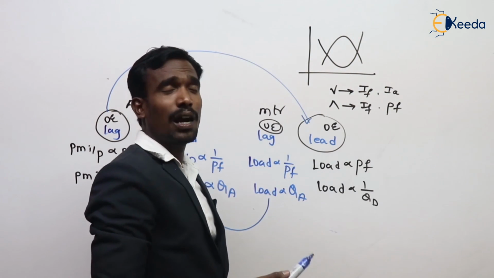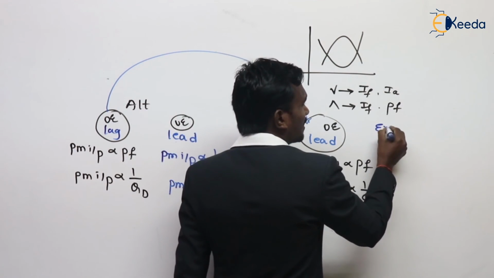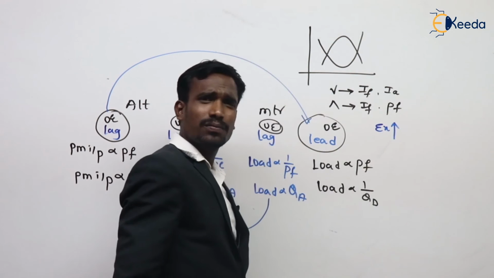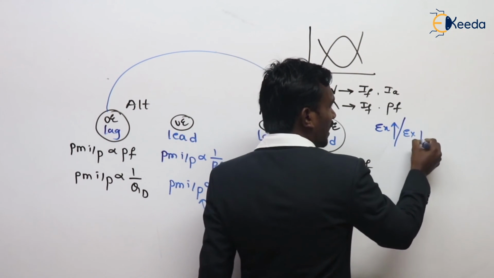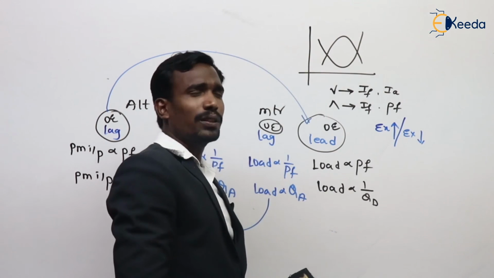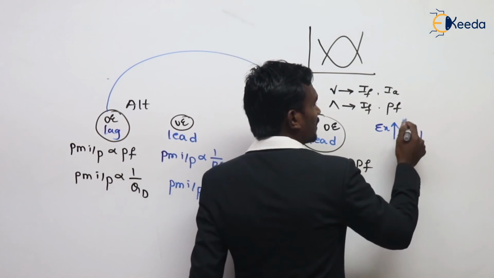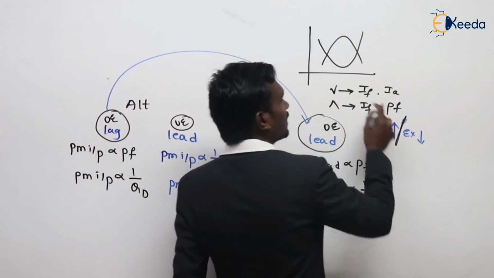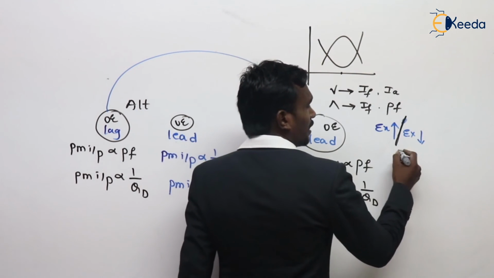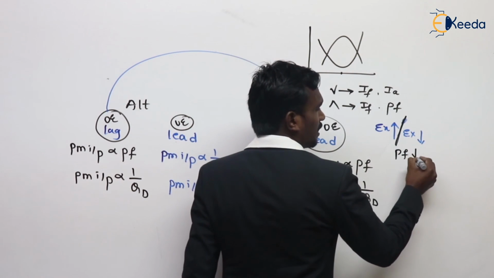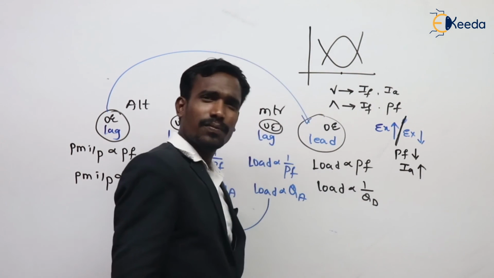Commonly, I am telling you, commonly for generator and motor, whether excitation increases or decreases from the normal value, in both cases the power factor decreases and the armature current increases.